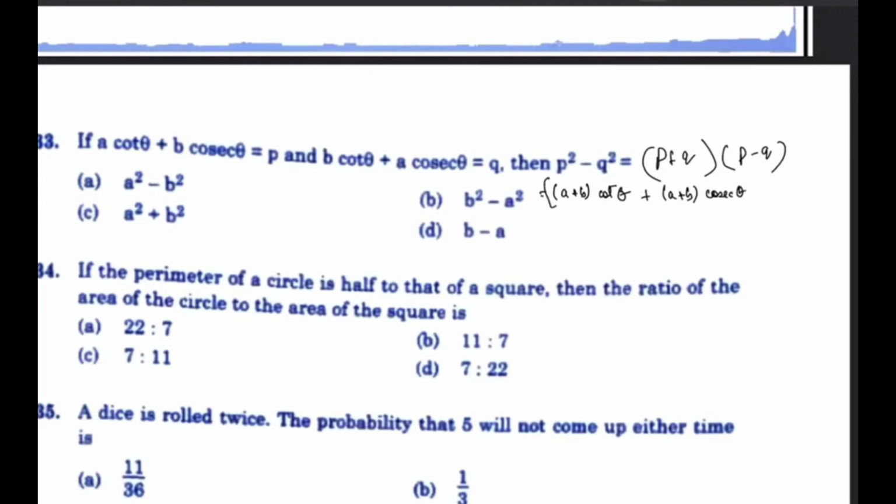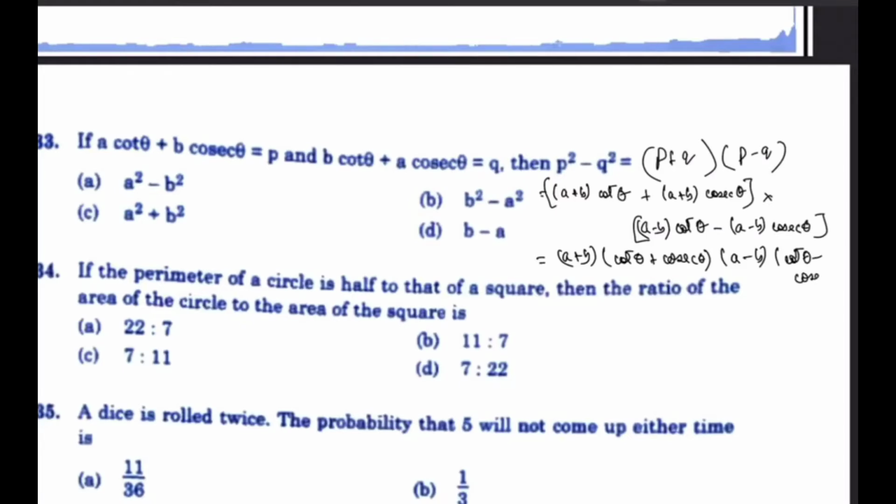This is p plus q, and p minus q is again a minus b cot theta plus b minus a, so I can write minus a minus b cosec theta. That basically means a plus b times cot theta plus cosec theta into a minus b times cot theta minus cosec theta.